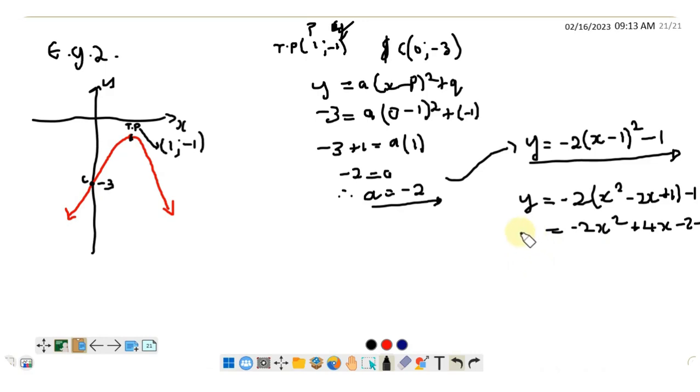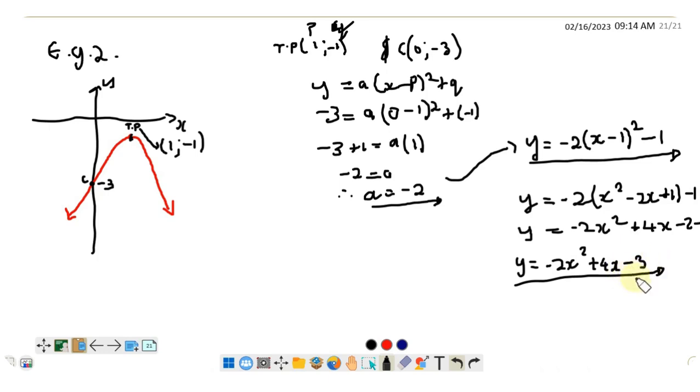Here, y equals, negative 2 minus 1 becomes negative 3. So y equals negative 2x squared plus 4x minus 3. So this is the equation. They want you to write it in the form ax squared plus bx plus c.